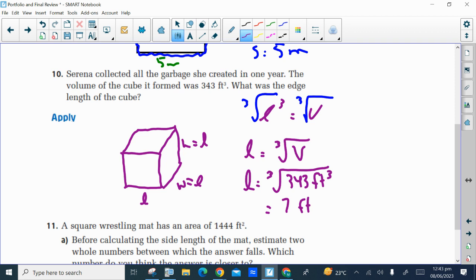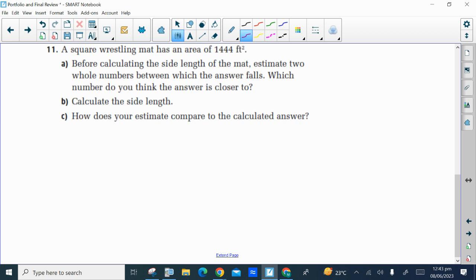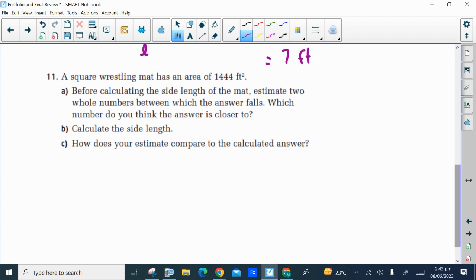Each edge is 7 feet long. So we did questions like this, both using the square root of the area to get the length of each side of a square, or the cube root of the volume to get the length of each edge of a cube. We did questions like that back when we started the course.